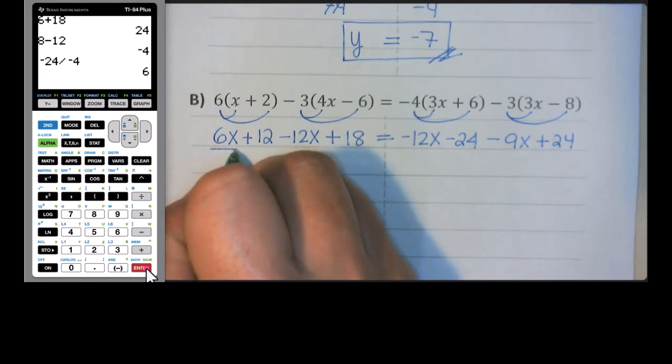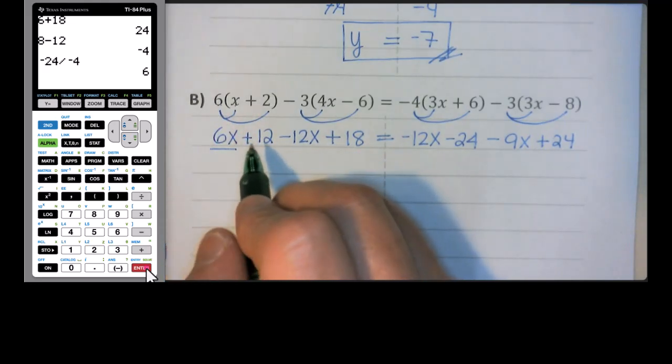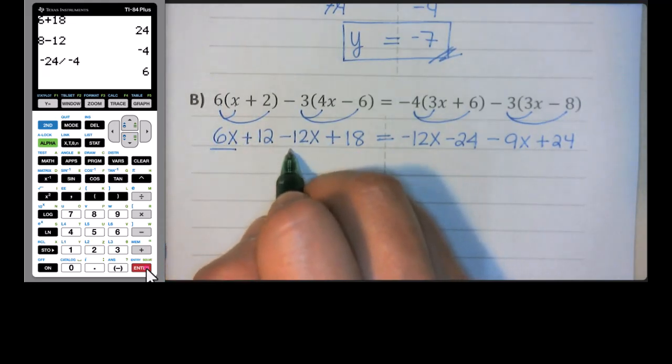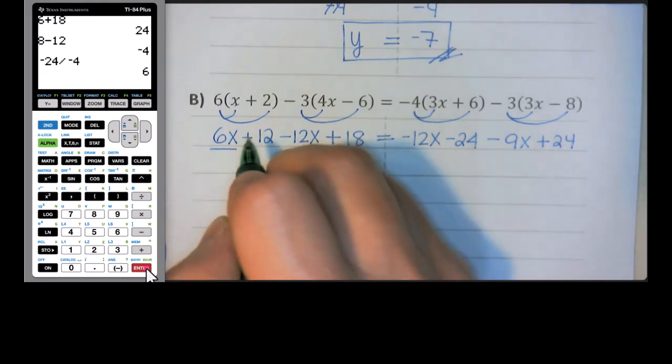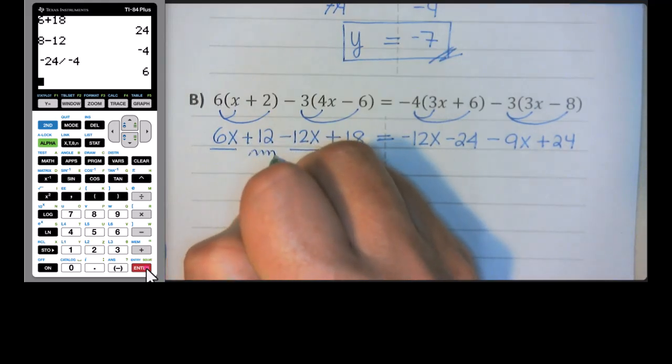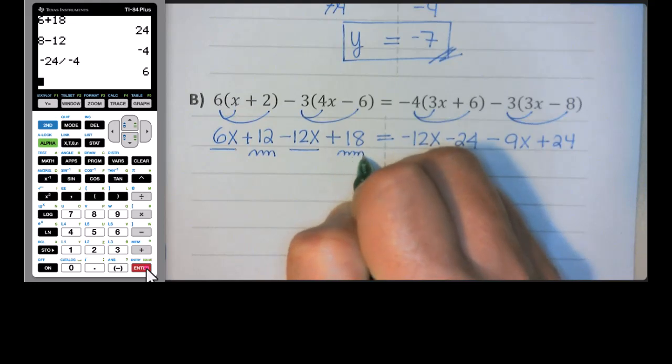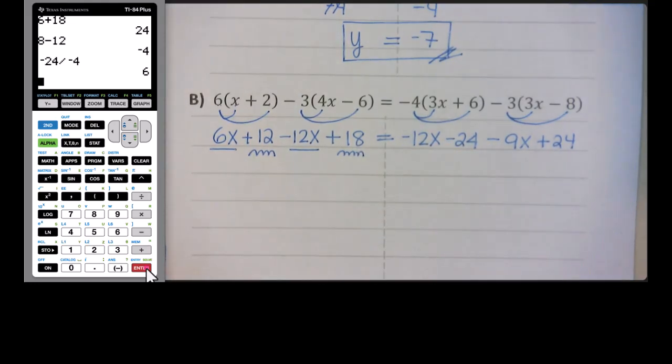So identify by underlining: 6x can combine with negative 12x. 12 can combine with 18. So if you notice, I identify which numbers I am going to combine.